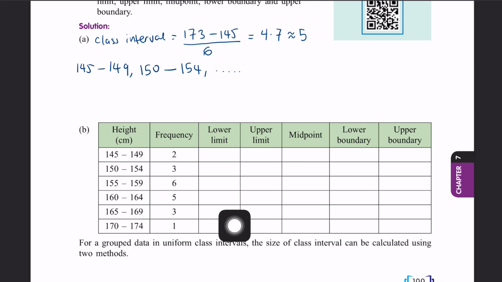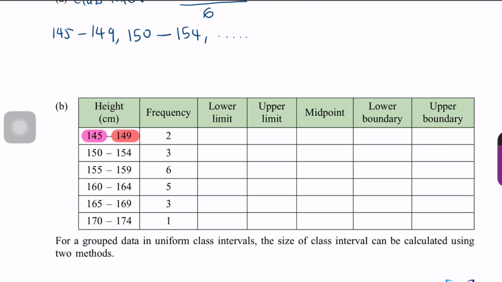Next, lower limit. What is the lower limit? For the lower limit, look at our class interval. This first value is the lower limit. The second value is the upper limit. So we can fill in. The lower limits are 145, 150, 155, 160, 165, 170.